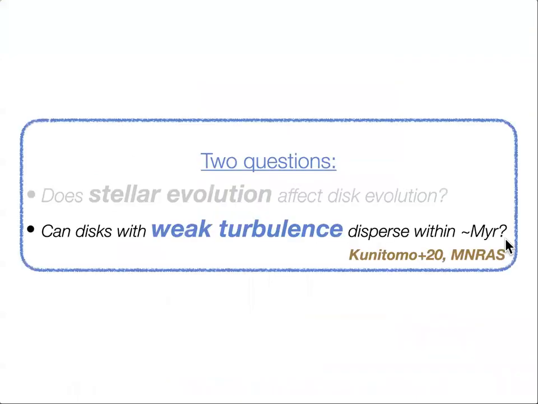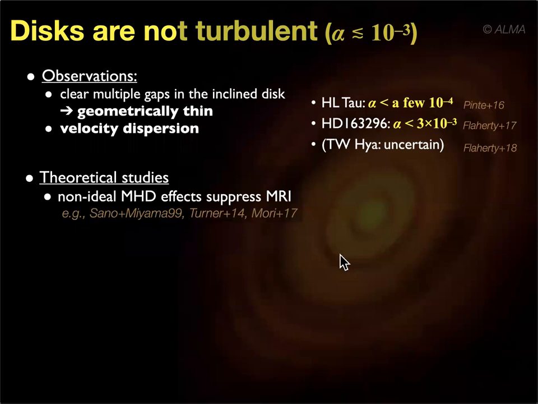Okay, next I'd like to talk about evolution of disks with weak turbulence. Recently, both observational and theoretical studies have suggested that disks are not so turbulent. The alpha value is suggested to be less than 10 to the minus 3.